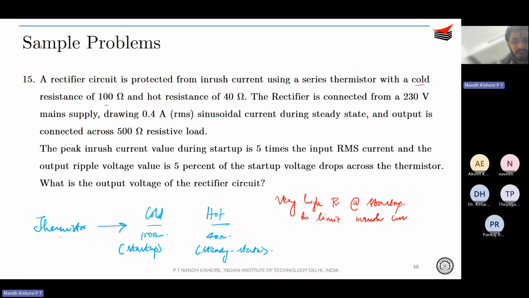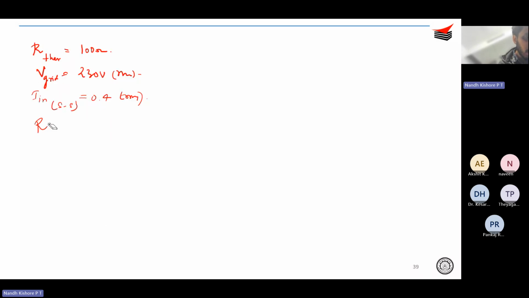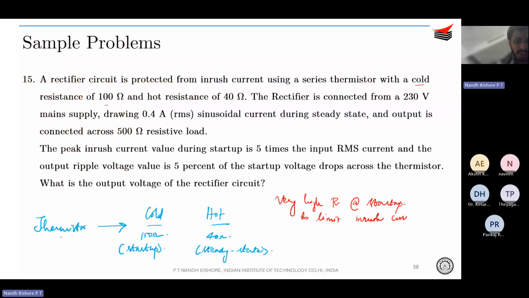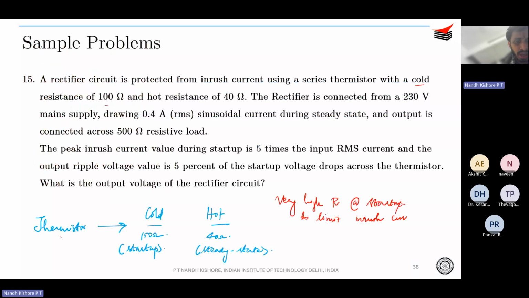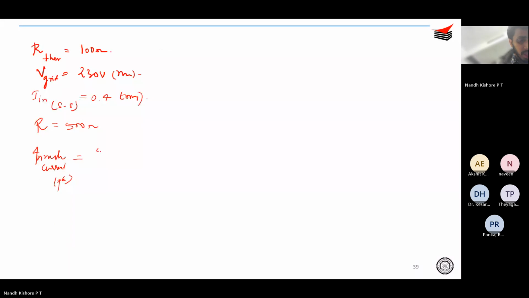Output is connected across a 500 ohm resistive load, so R is 500 ohm, and peak inrush current is 5 times the input RMS current. So 5 into 0.4, which is 2 amperes.